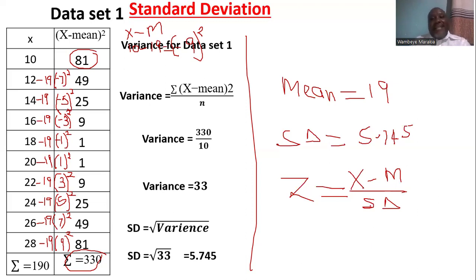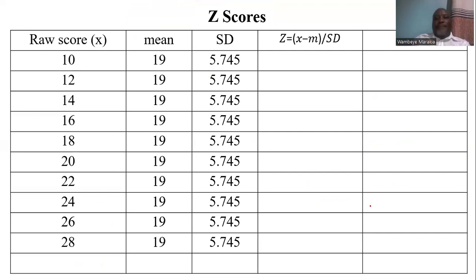We want now to apply this for calculating the Z score for every raw score in this case. So we proceed and get the raw score, and we are going to fill in this column. So in this column, we are going to have the raw score, which is 10, minus the mean, which is 19, all over the standard deviation, which we found was 5.745.